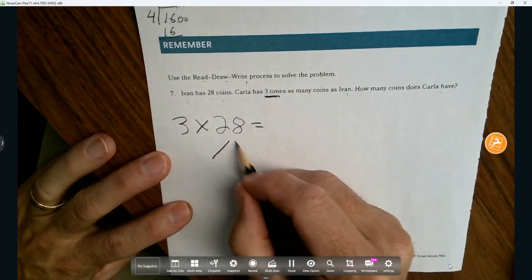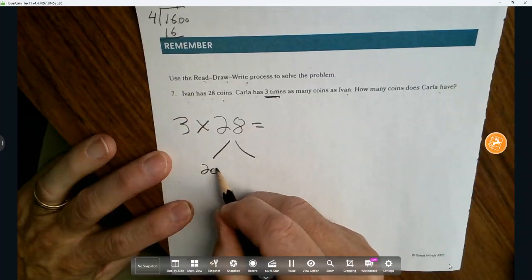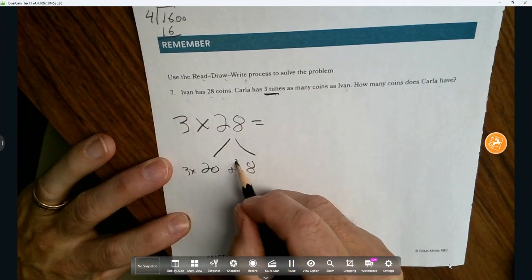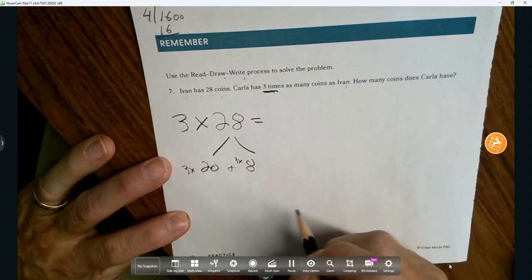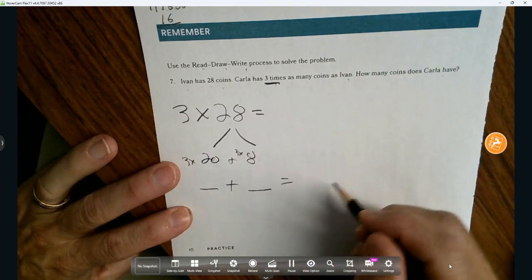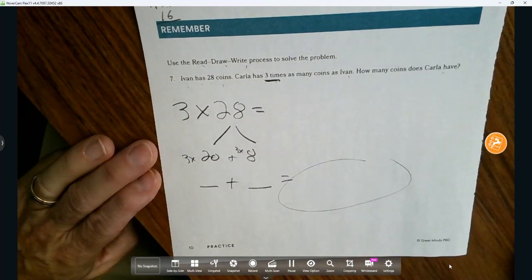Why don't you make this easier, though? Why don't we say 20 plus 8, and go 3 times 20 and 3 times 8, and then add that answer plus that answer, and you'll get how many coins Carla really has.